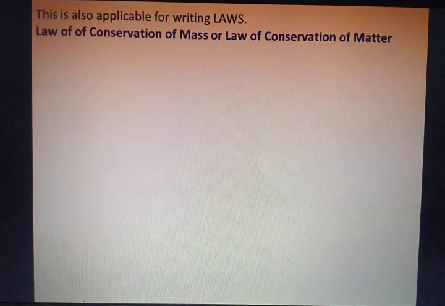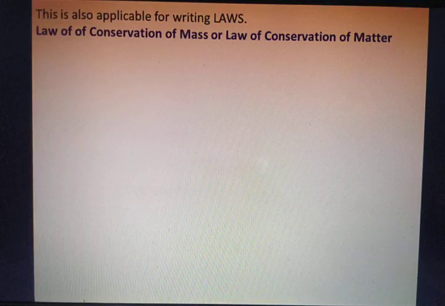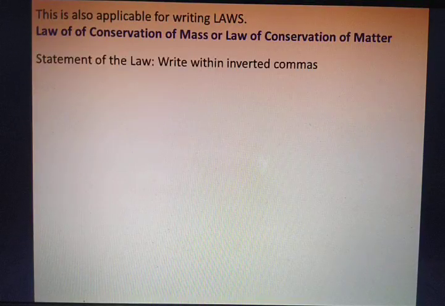Now, if you're using the term matter, your law should start with matter. If you're using the term mass, your law should use the term mass, not any other word. I'm considering the law of conservation of matter. A very scientific, or rather beautiful, way of presenting this is to write this law or any other laws within inverted commas.